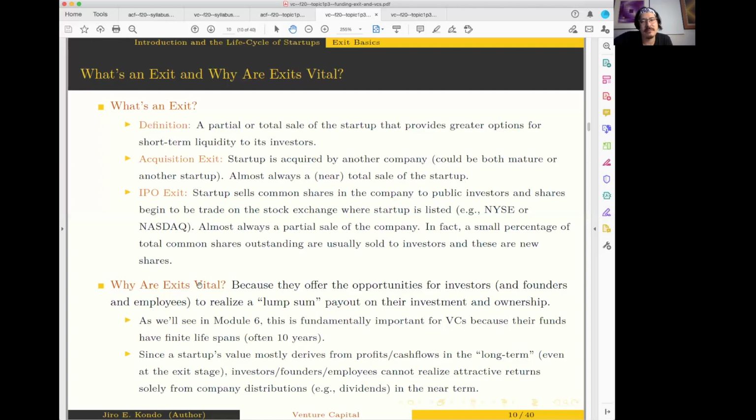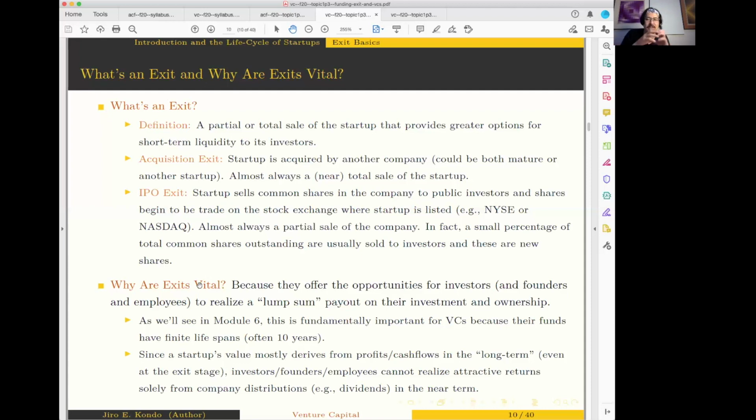It's particularly important because investors in startups, so let's take the example of a VC, make their investment into a startup via a VC fund, a specific fund. And these funds are a contract between the VC and the limited partners that give money to the VC.